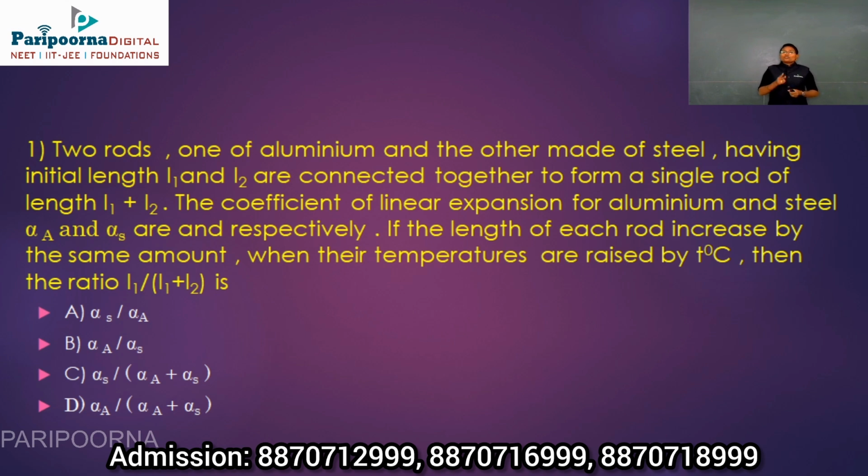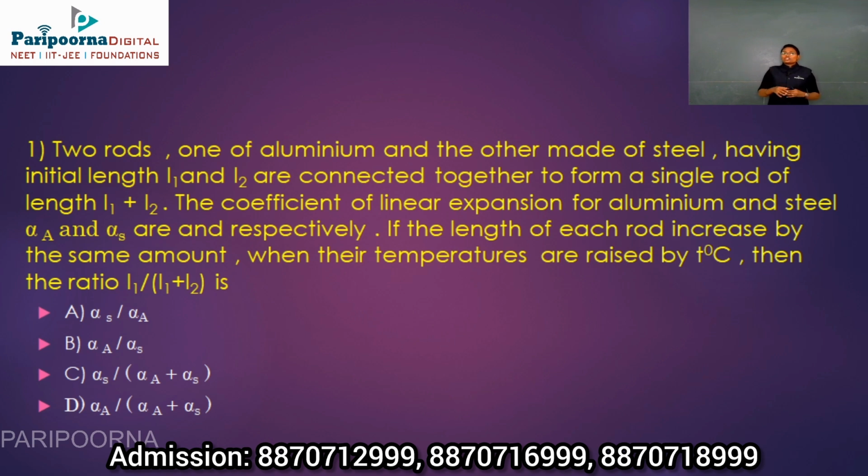In the first question, they are given two rods, one of aluminium and the other made of steel, having initial lengths L1 and L2, connected together to form a single rod of length L1 plus L2.